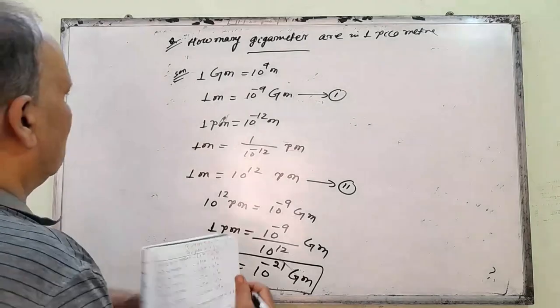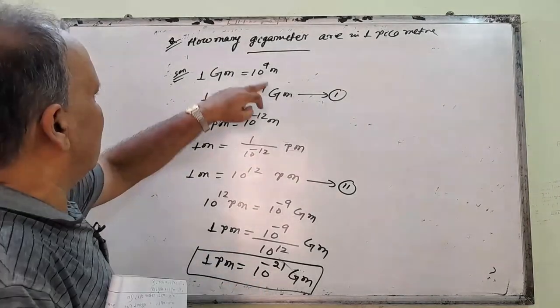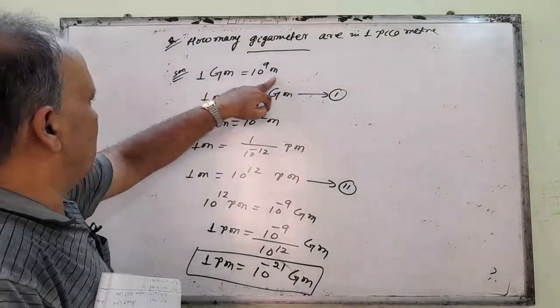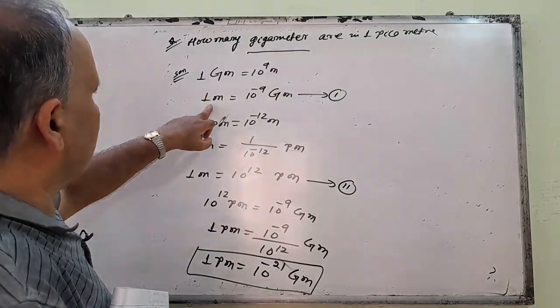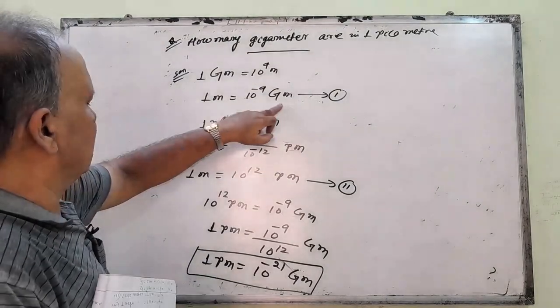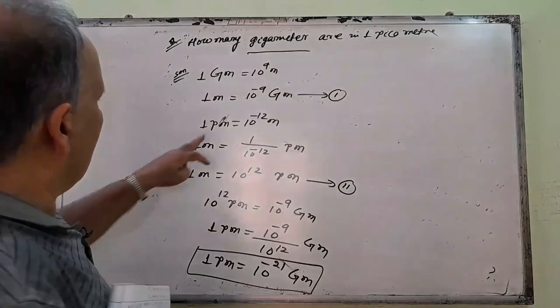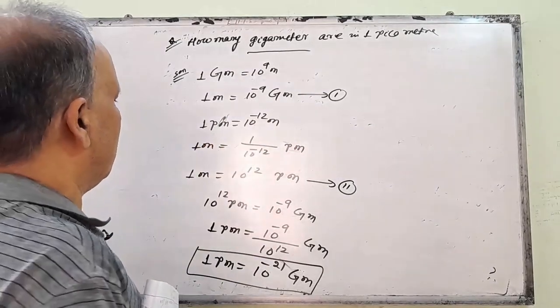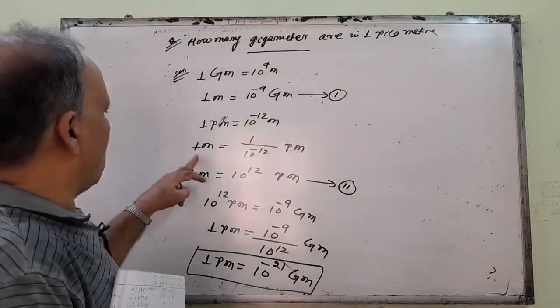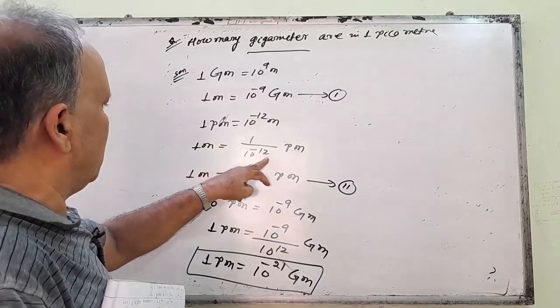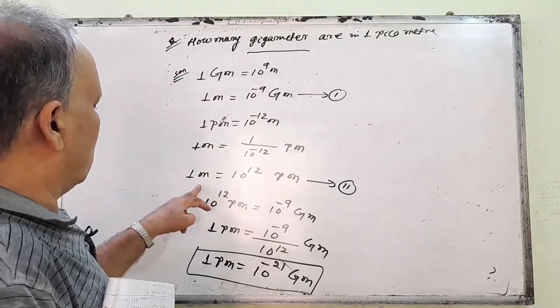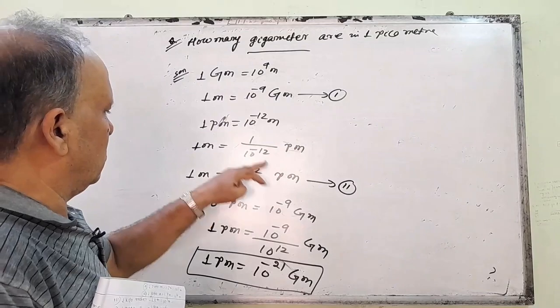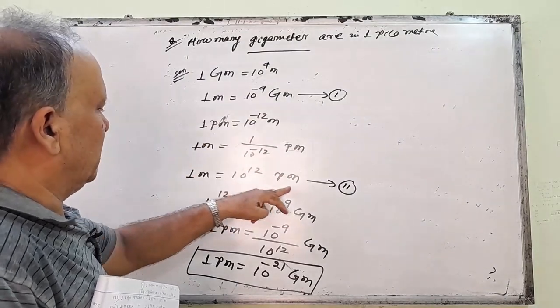You see, we know 1 gigameter is equal to what? 10 to the power 9 meter. So 1 meter is equal to 10 to the power minus 9 gigameter. Again, 1 picometer is equal to 10 to the power minus 12 meter. So 1 meter is equal to 10 to the power 12 picometer.